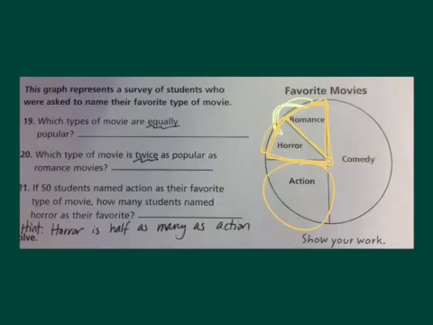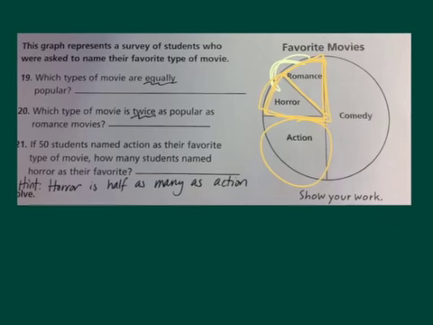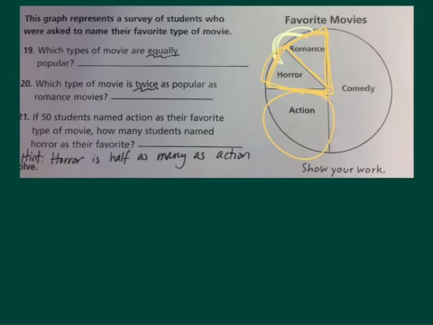Then the last one is a little bit confusing. It says, if 50 students named action as their favorite type of movie, how many students named horror as their favorite type of movie? And I gave you a hint there. Horror is half as many as action. So if there are 50 students that named action, there are half as many that named horror as their favorite.